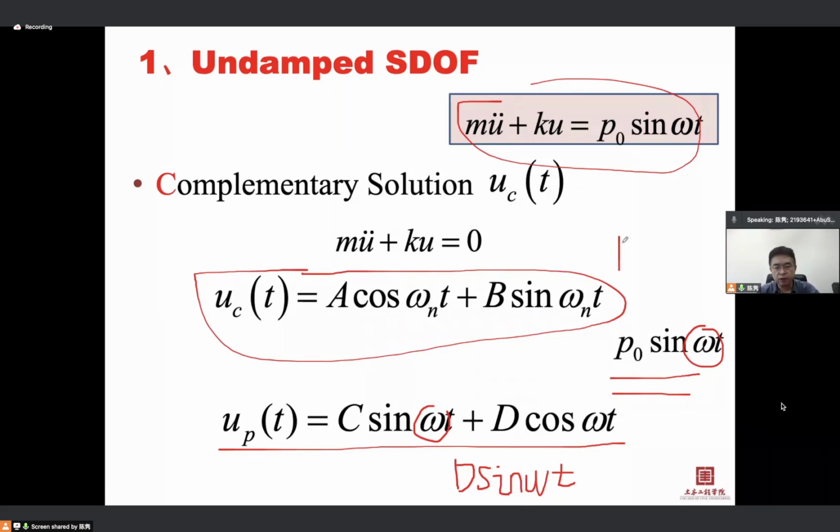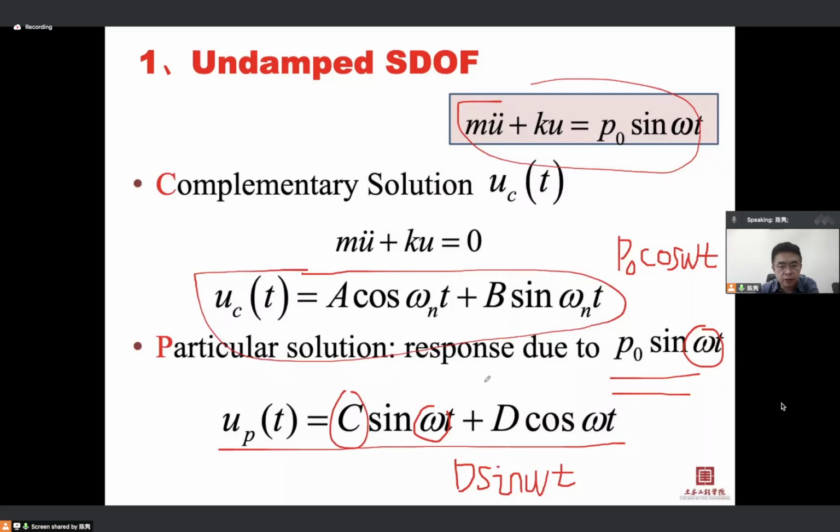The same holds if you have p0 cosine omega t, because we only gave you the p0 sine omega t result here in the class. But for p0 cosine omega t, if you use the same thing, this part will become 0 and the t term will remain. So this is a slight difference between the slides and the textbook.